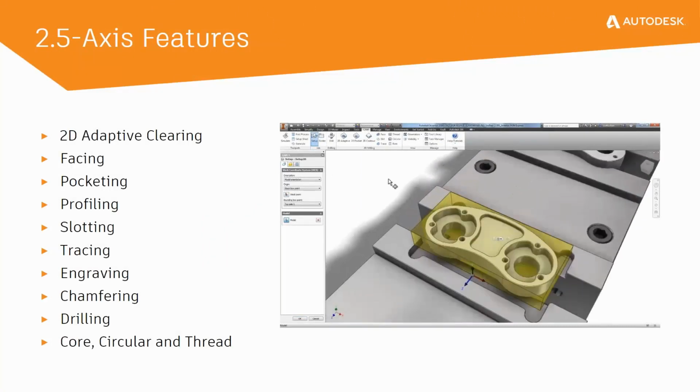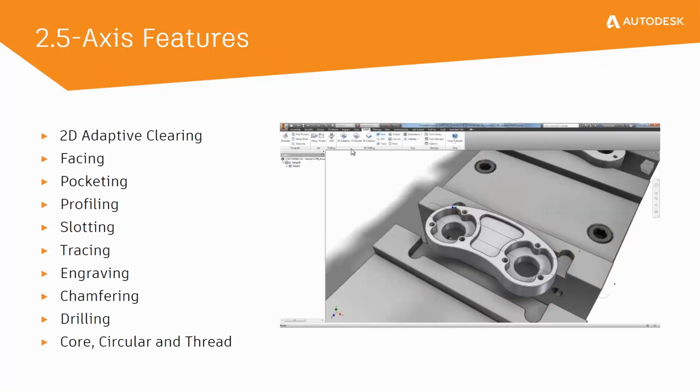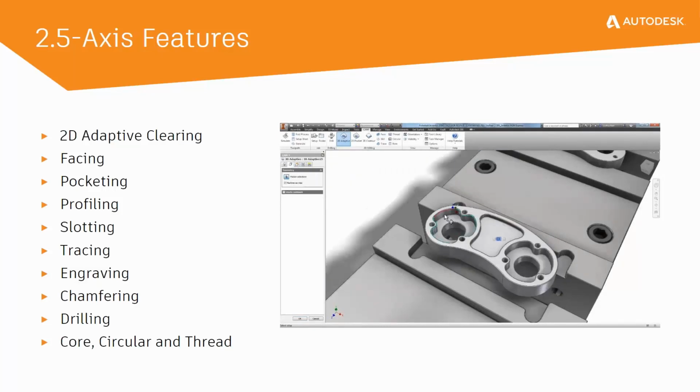Now, these come as part of Autodesk HSM, but in many respects they come as part of a free 2.5 axis add-in called Inventor HSM Express, which is the Inventor version, as well as HSM Express for SolidWorks. Now, this enables you to do a range of different 2.5 axis machining operations through 2D pocketing, facing, profiling, engraving, and the like.